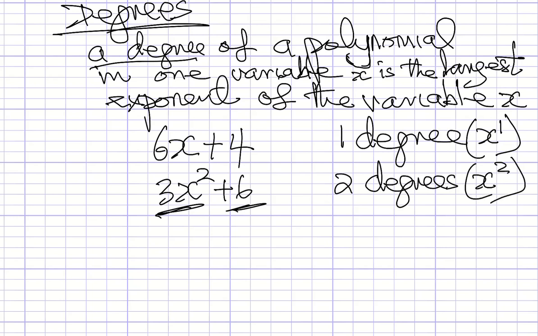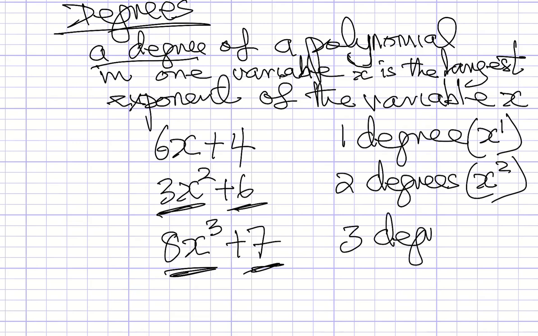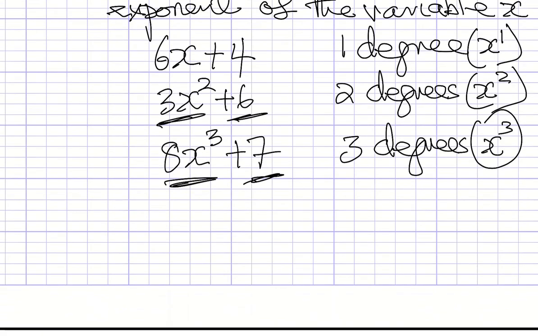Now look at this one: 8x^3 + 7. Again, this is a polynomial with 2 terms, but it has degree 3, because x has the exponent 3.